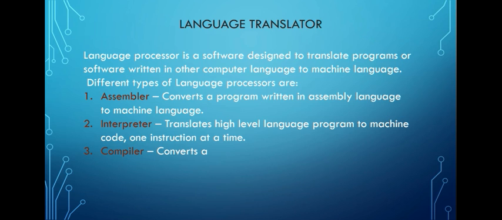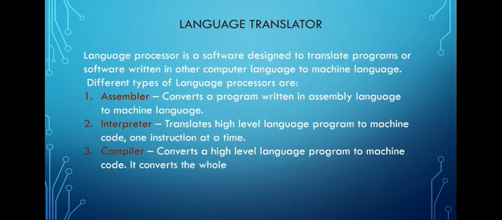The other translator is compiler. It converts a high-level language program to machine code. It converts the whole program at once. Now, compiler also works for the same languages, that is high-level language. So it converts a high-level language program to machine language or machine code.